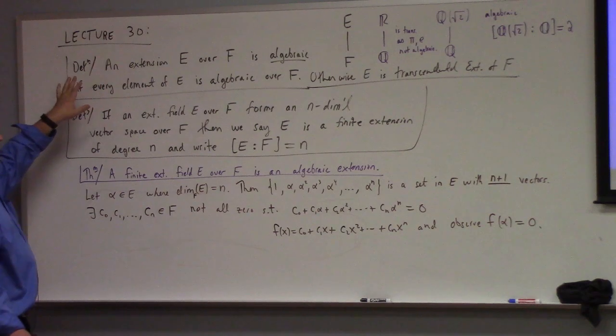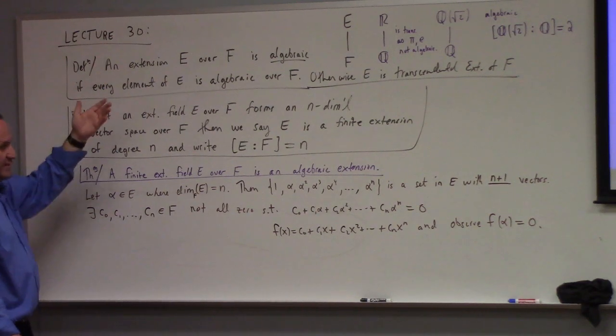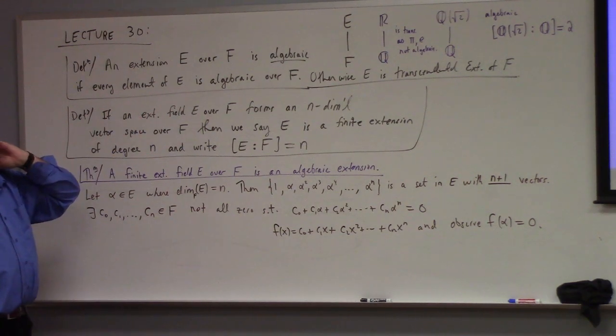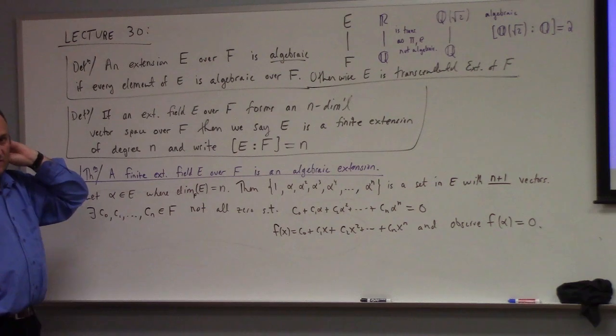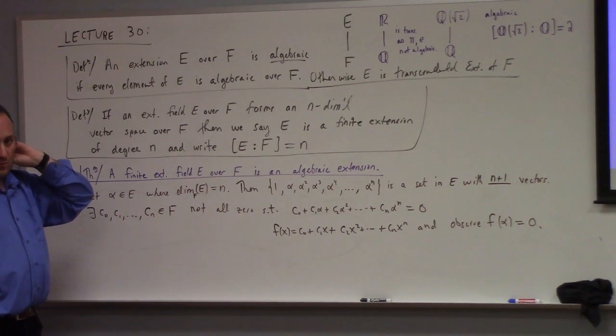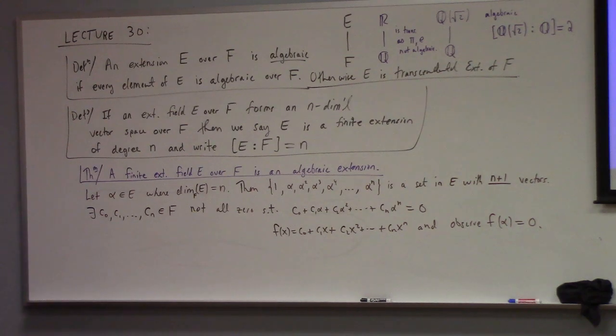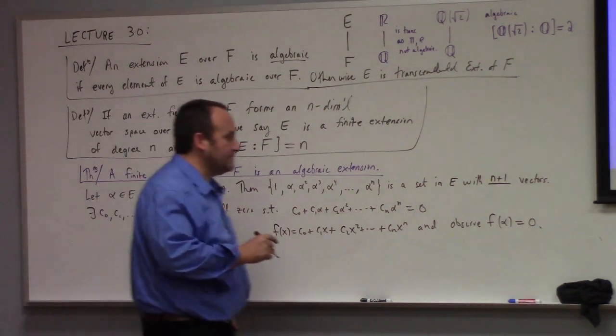If I've adjoined a transcendental element, that means that element's not algebraic. So that means that there exists an element in the extension which is not algebraic, which is to say it's not an algebraic extension, and it has infinite dimension over the base field. There's more here, though. We're on the cusp of seeing something.